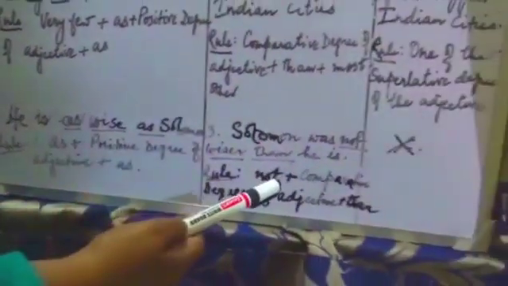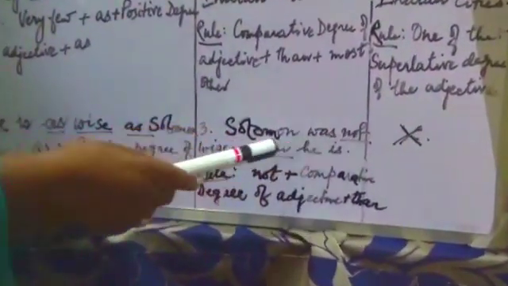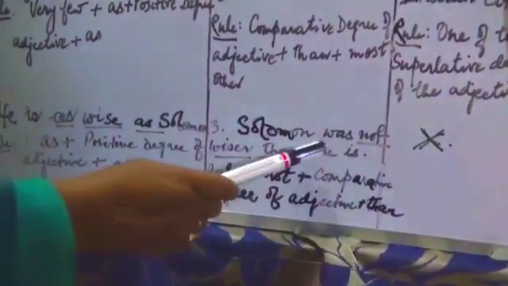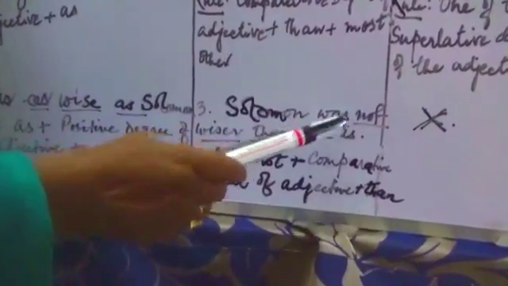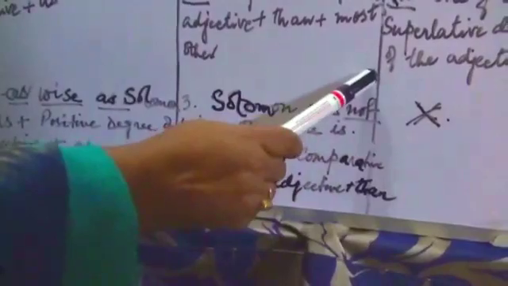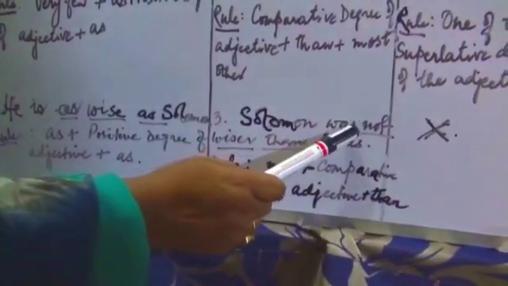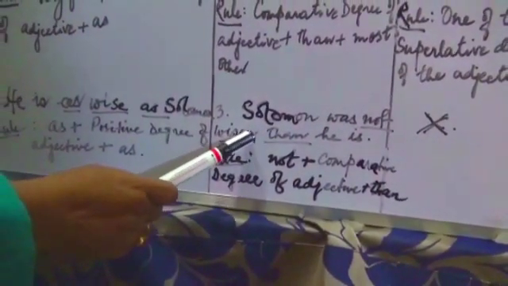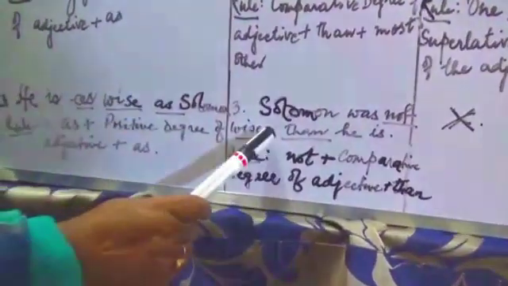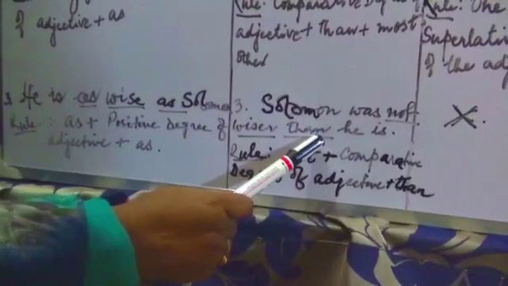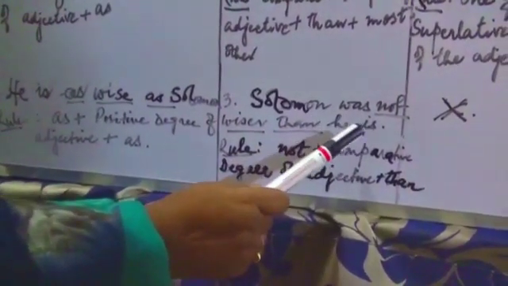And in comparative, see, I have transformed the sentence without changing the meaning. I have changed it into a negative sentence. Solomon was not. So you have to bring this second noun first. Solomon was not wiser. What is the comparative degree of wise? That is wiser, and you have to use than because you are comparing, and I have used he is.